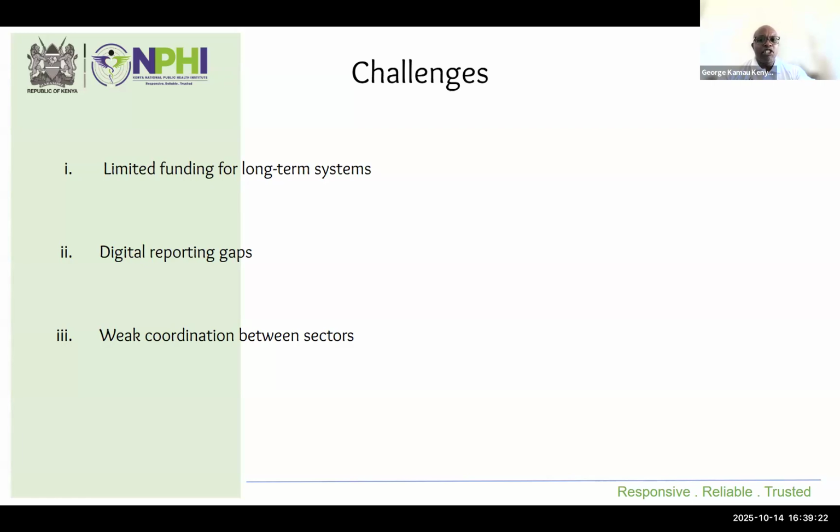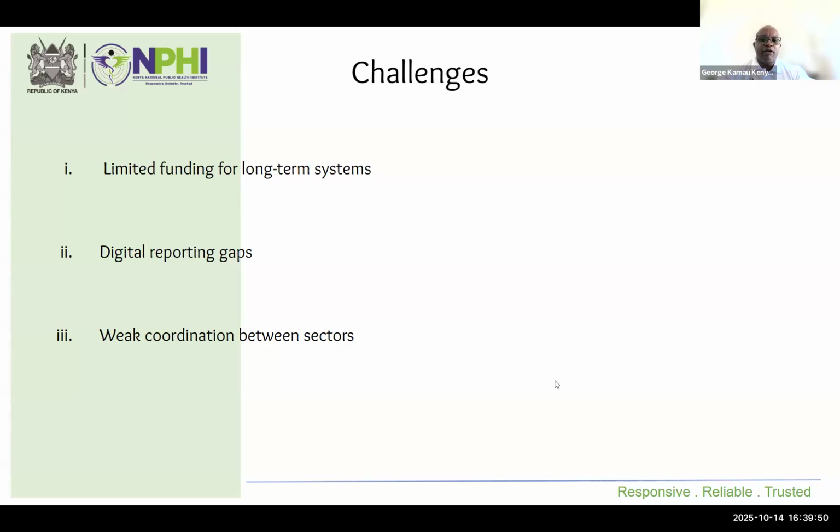So the other one is on digital reporting gaps. I think we need to enhance. We started with this, but we still need to enhance and be able to have interoperable systems and also be able to have real time. So it's not 100%, but this is an area of opportunity for strengthening. So with coordination between sectors, I think we are working in silos, having TB program, having malaria program, having HIV program, working in silos.